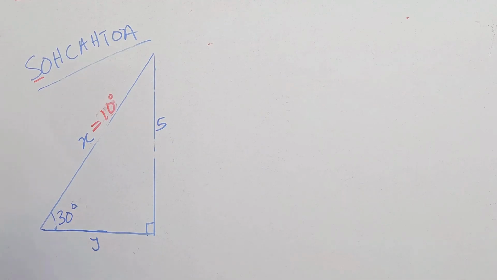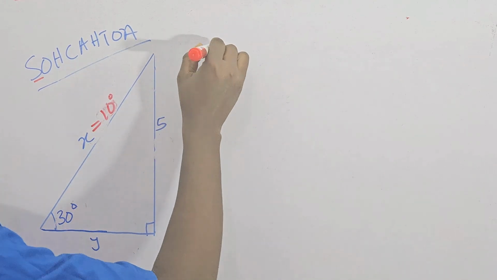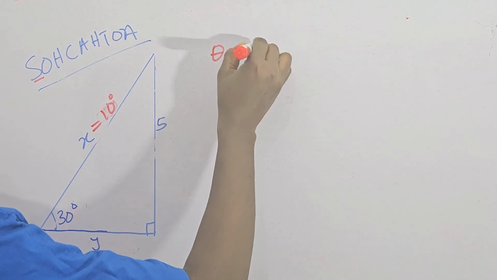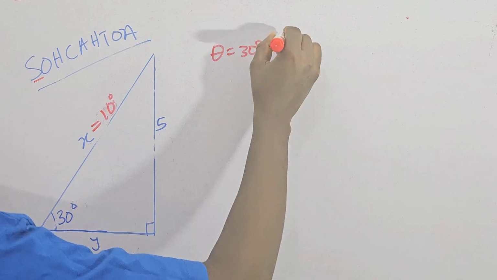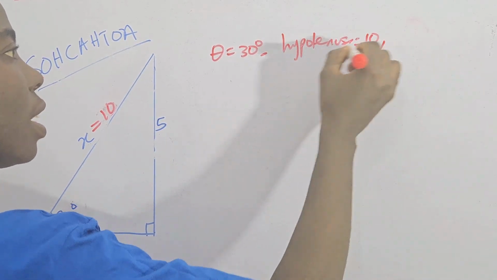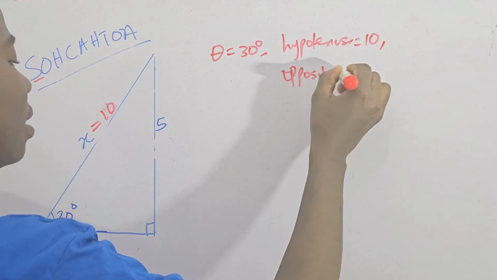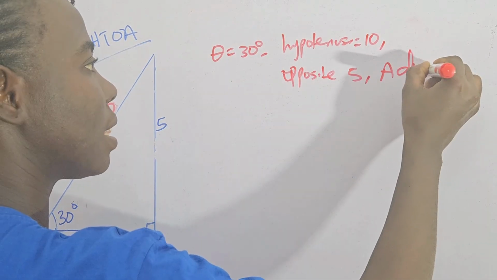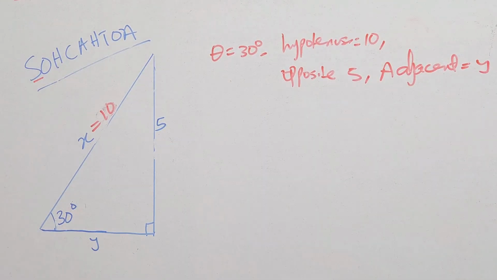So to get the value for y, remember we have the angle to be what? 30 degrees. We have gotten the hypotenuse to be 10, and we were initially given the opposite as 5, right? Which is y.